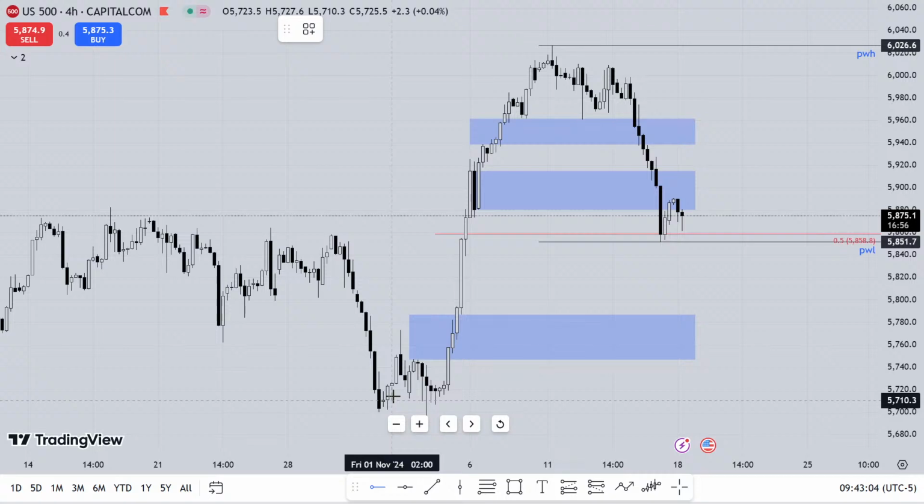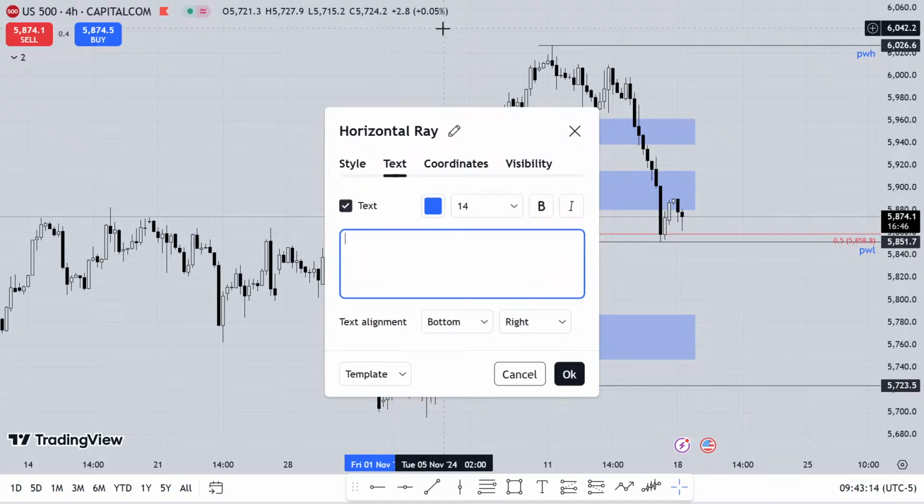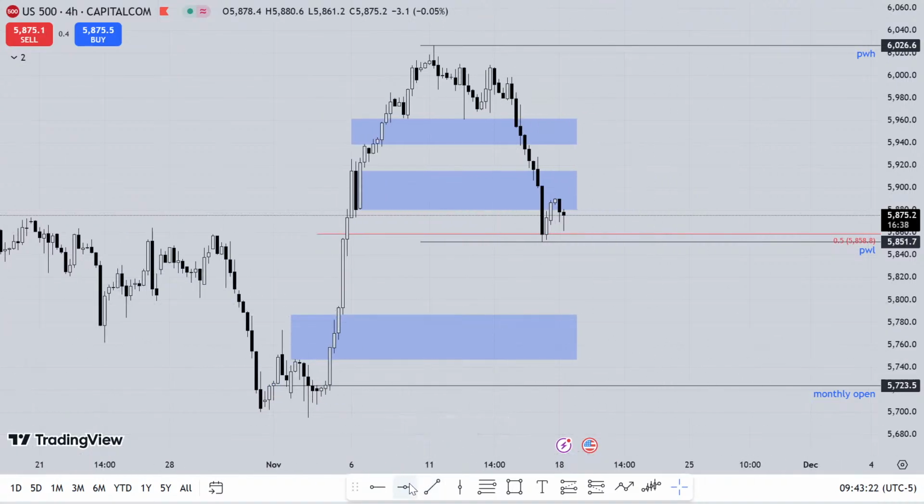So for November, we opened here on a Friday. November 1st was on a Friday, so we opened around here. So we're currently trading above a monthly opening price. Okay, that is being noted.